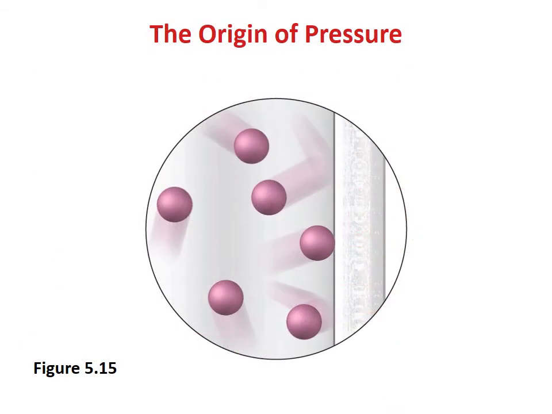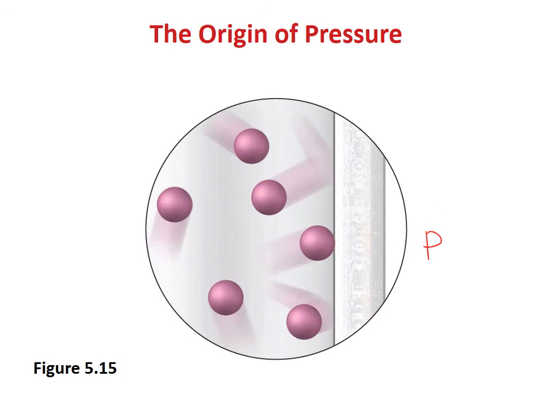From postulates 1 and 2, each gas particle colliding with the container walls exerts a force. Countless collisions over the inner surface of the container result in a pressure. The greater the number of particles, the more frequently they collide with the container, and so the greater the pressure.